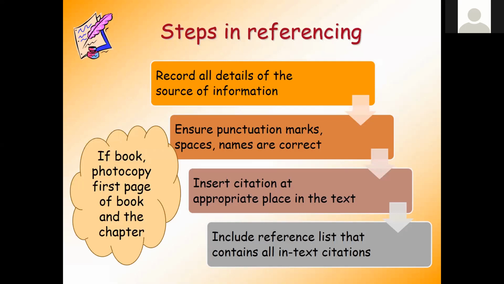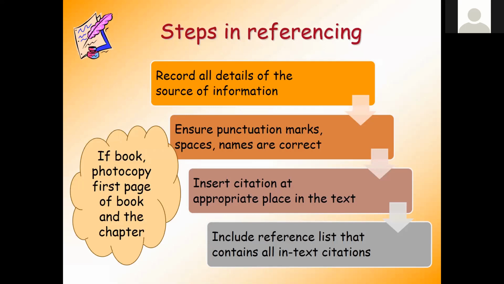Now, in case you are going to insert some textbook, make sure you have a photocopy of the first page of the book, because the first page will give you the publication, what was the date, whether it is the first edition, second edition, when it was brought out, all this.